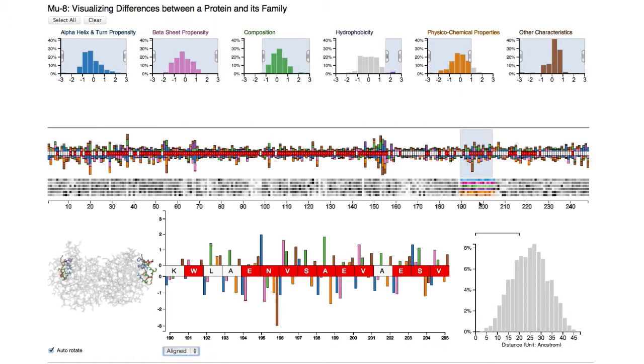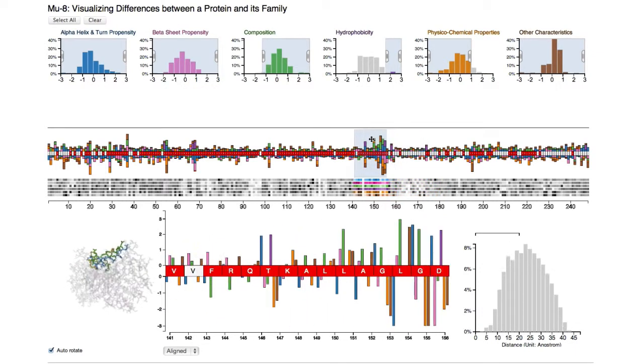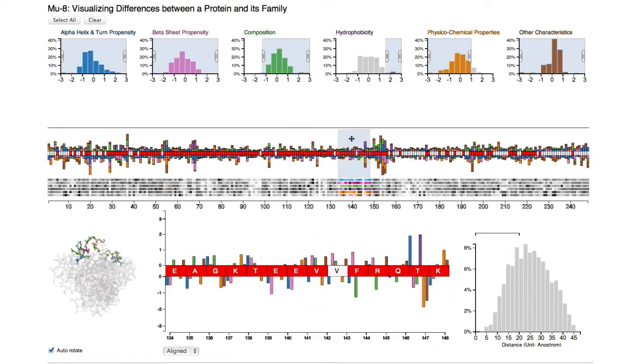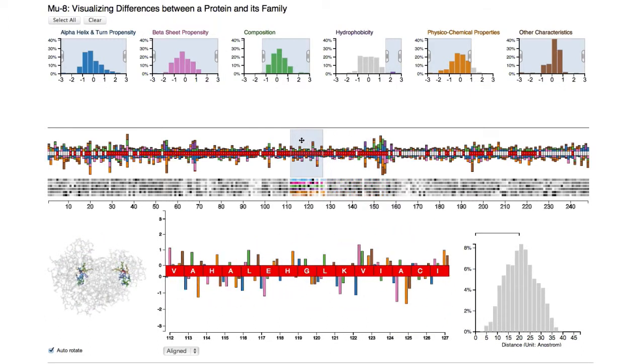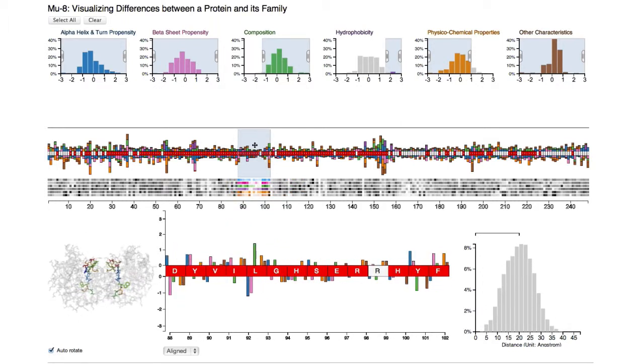In between the context view and the zoom, we show a conservation heat map. This heat map encodes the variation of scores amongst the family at that position. The default view is black and white, and when the user brushes a region, the colors are encoded.